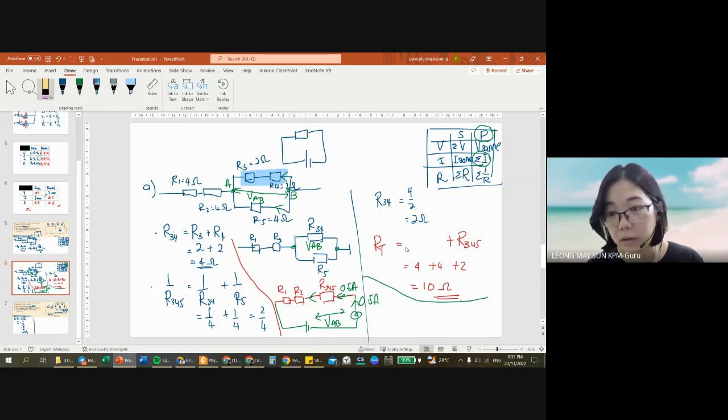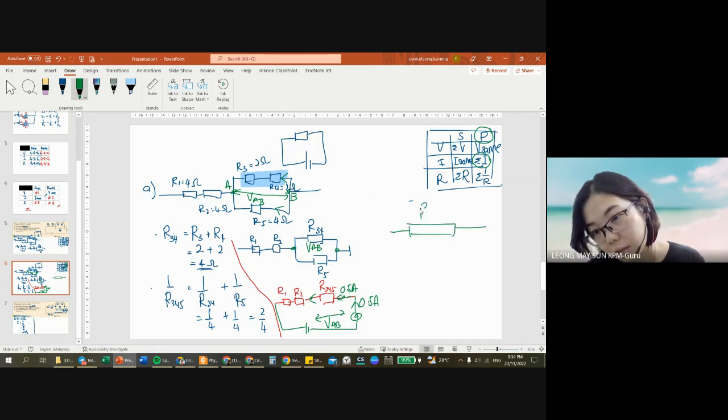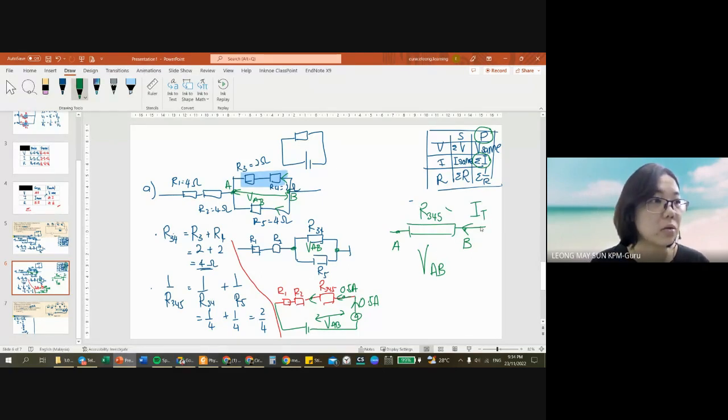I'm going to erase all this off, which means I enlarge my diagram. This is resistors 3, 4, and 5. A is here, B is here. I want to find the potential difference across AB. The current that passes through this equivalent resistance is the current that passes through the ammeter, which is 0.5 ampere.